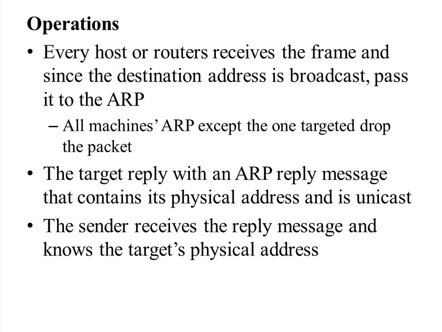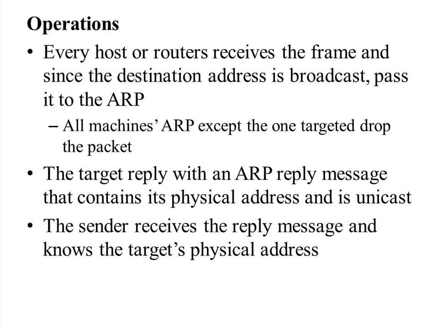All the machines except the targeted one drop that ARP packet or frame, and only the machine to whom that packet is intended receives the ARP request. The target replies with an ARP message that contains its physical address, and it simply replies to the sender. It will not broadcast to all.